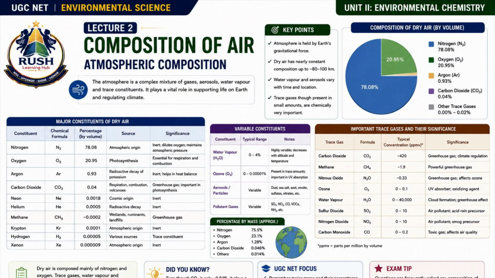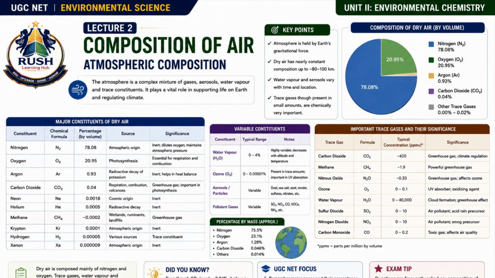Now let's understand why atmospheric composition is important in environmental science. The relative abundance of gases determines climate regulation, atmospheric chemistry, ecosystem functioning, and air quality. Small changes in trace gas concentrations can significantly alter environmental conditions.